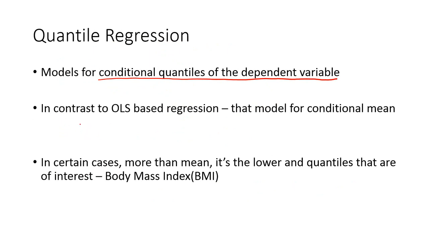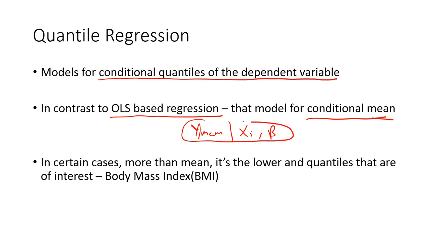How is it different from the ordinary least squares based regression model? The ordinary least squares regression model, or the OLS regression model, models the conditional mean. So in OLS we find the mean of y given the x variables and the beta, the conditional mean.